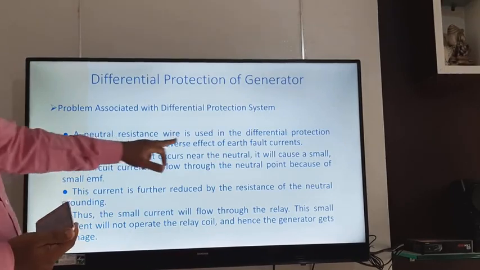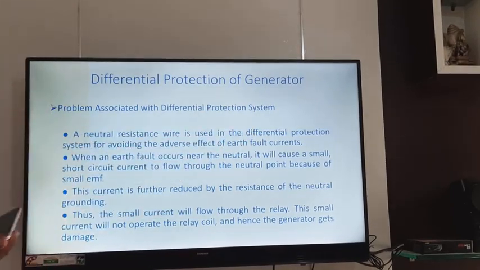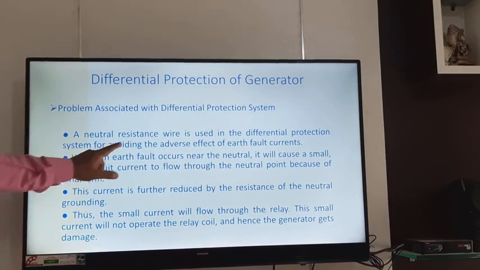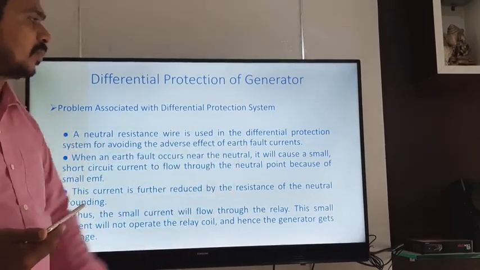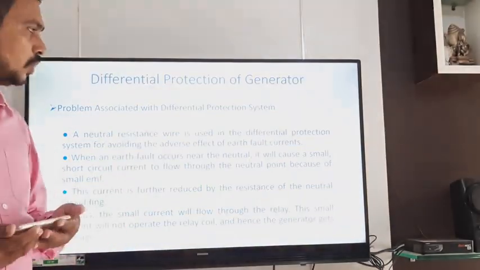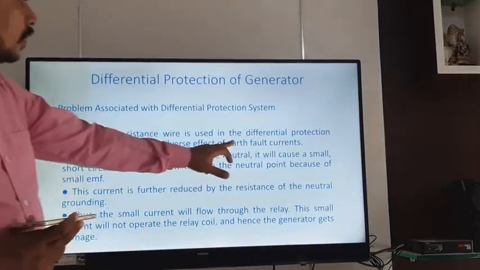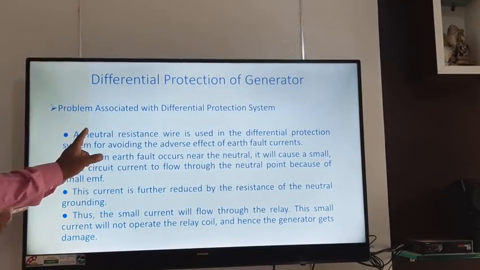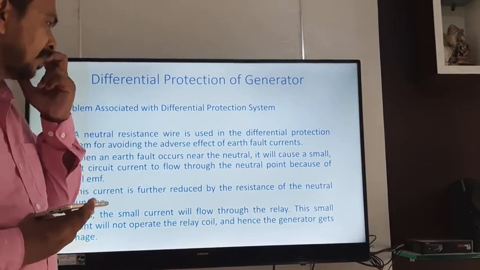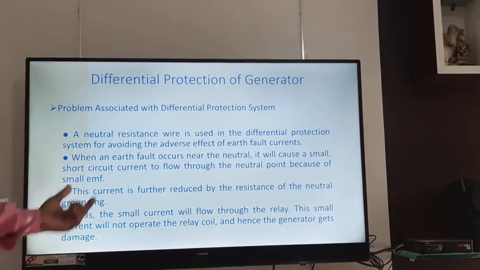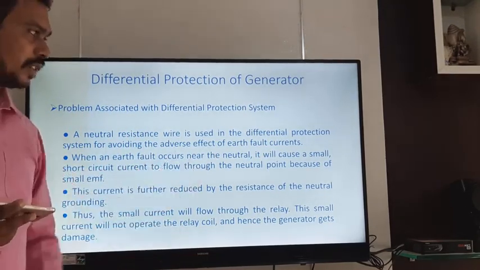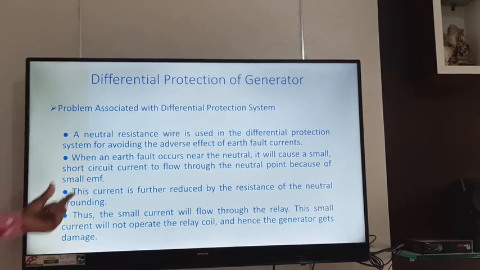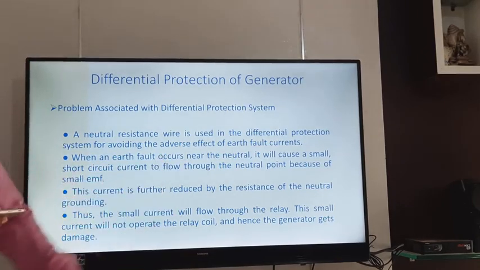The neutral resistance wire is used in the differential protection system for avoiding the adverse effect of earth fault current. So if we want to remove the earth fault current effect, we have to use the neutral resistance wire in differential protection. When an earth fault occurs near the neutral wire, it will cause a small short circuit current to flow through the neutral point because of the small EMF.